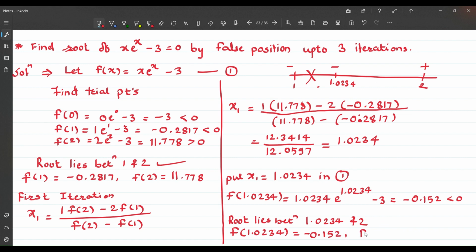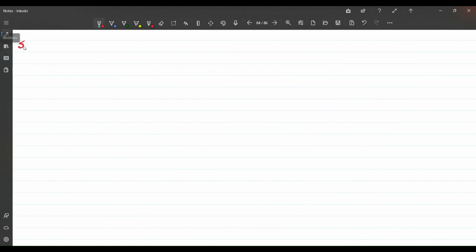Similarly, we need the value of f of 2, which from the previous step is 11.778. So we have these values. Next step, second iteration, that is x2.